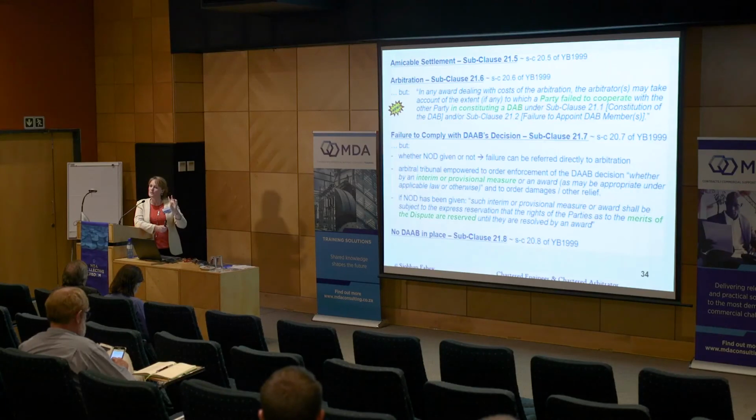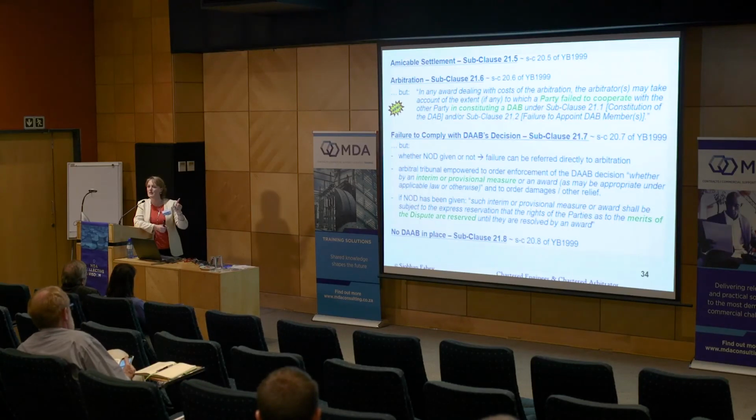This now allows, in the arbitration clause itself, so it's part of the arbitration agreement, which is severable from the contract, the arbitrators to look to see if one of the parties could have constituted a DAB, but didn't, and that meant that the other party had to push the dispute to arbitration, thereby incurring such high costs.